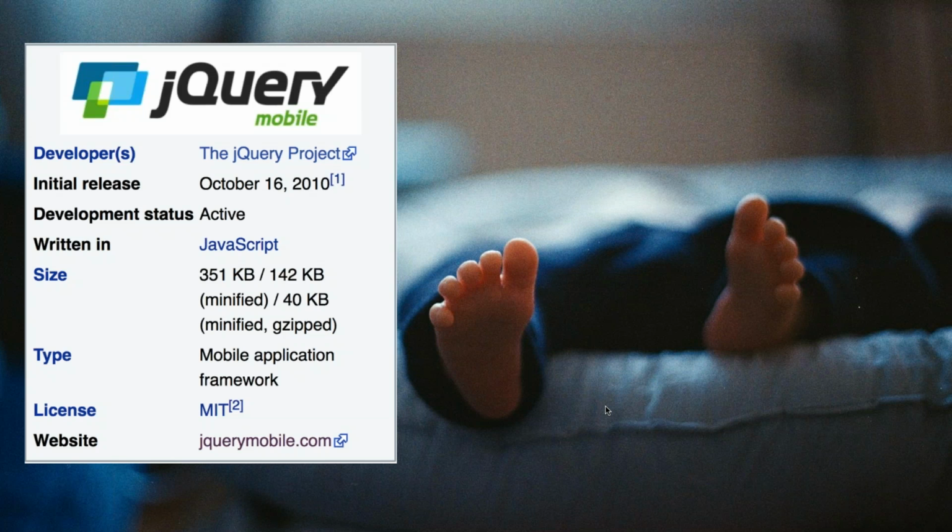So around 2010, in October, jQuery Mobile came out, and they sought to help developers build mobile applications. So this is, again, before responsive design really took off and was capable as it is today.